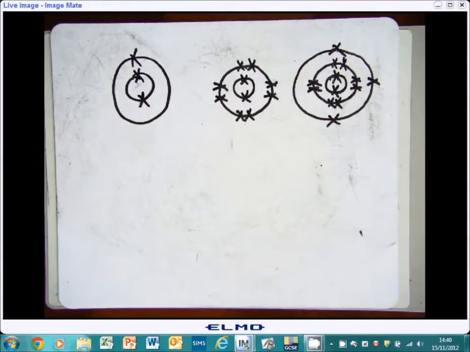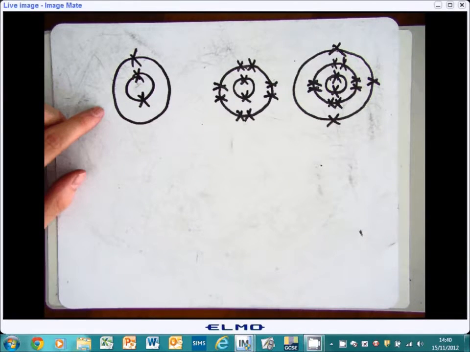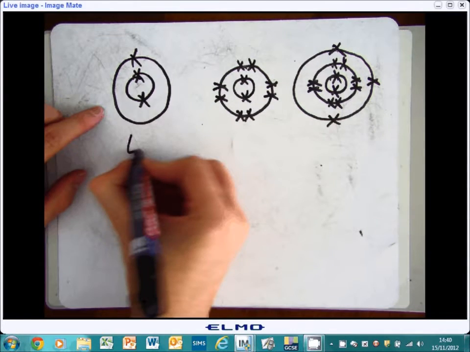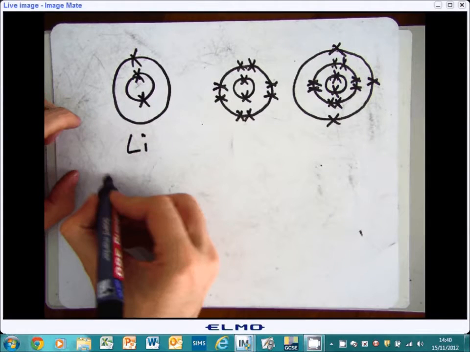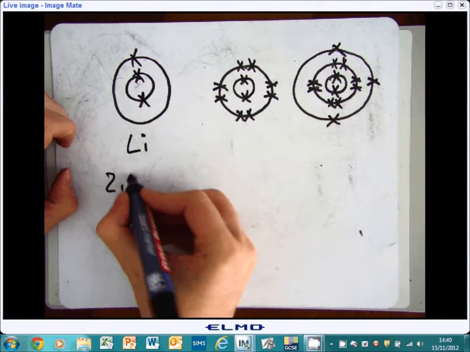Finally, there is also a way of writing down the electronic configuration without having to draw the shells. In some exams you might be asked to write the electronic configuration, not draw it for any one from the first 20 elements. So what you need to do is simply write how many electrons there are on each shell. So for lithium, it has 2 electrons in the first shell and 1 in the second.